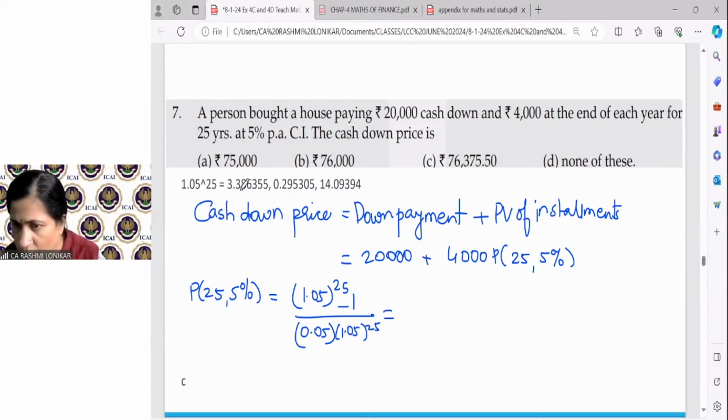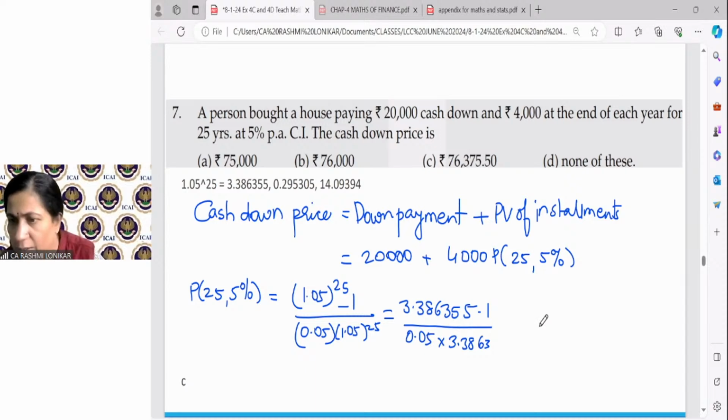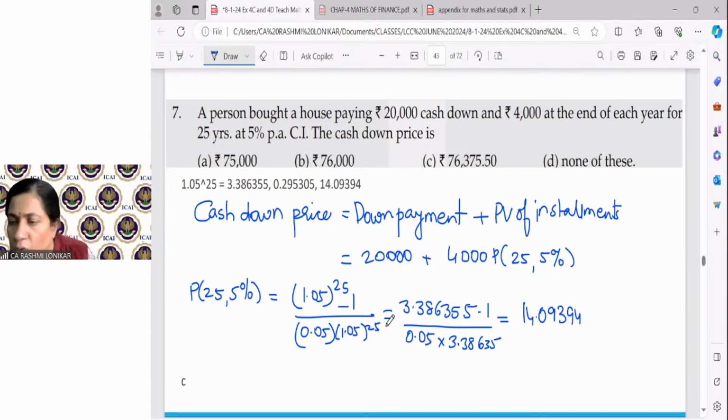How much is this? 3.386355 minus 1 upon 0.05 into 3.38635. I think this is coming to 14.09394. Okay. So what will be the cash down price?